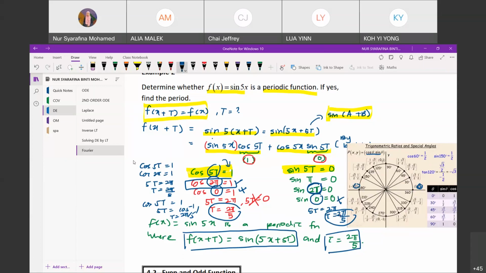But this selection of value must fulfill both functions, so the acceptable value is only 2 pi. That's why for sin 5T, T also equals 2 pi over 5. So we can conclude that the period is T equals 2 pi over 5. All right, clear now?